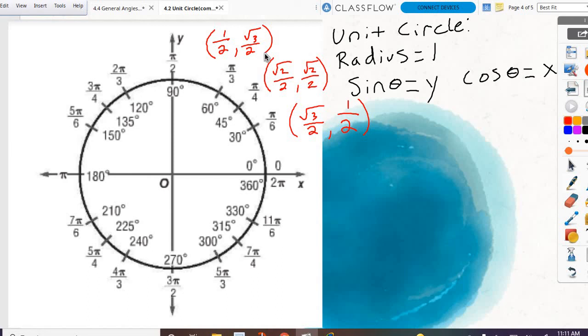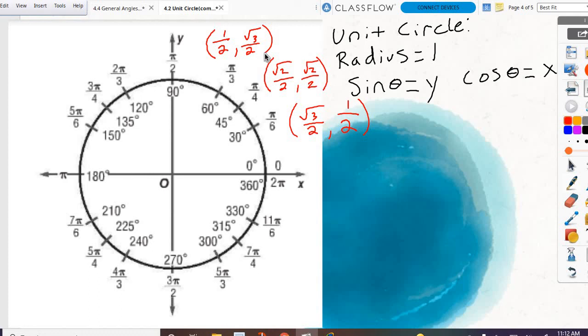Now, the two that we haven't quite talked about are 0 and 90. However, what did we say that our radius is? 1. Agreed? So, if my radius is 1, is my x-axis going to be a radius? From my center to the outside of that circle.